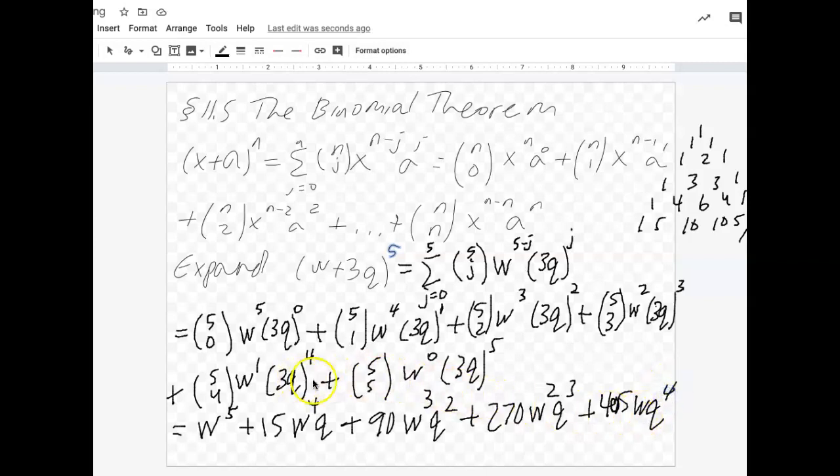And then lastly, plus 5 choose 5, which is our 1, w to the 0 is gone, and 3 to the 5th is 243, q to the 5th. And this is our final answer.